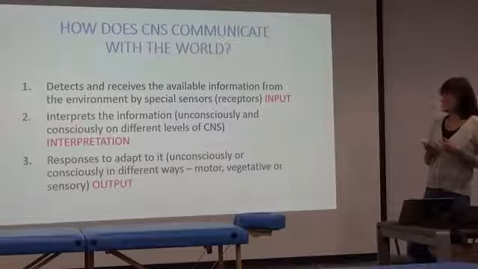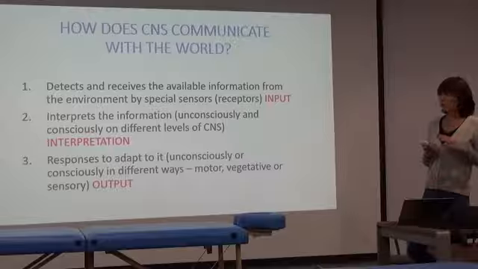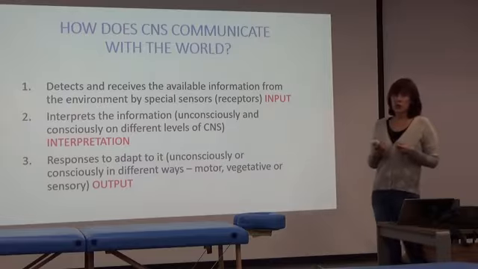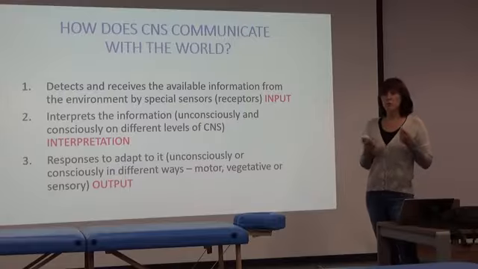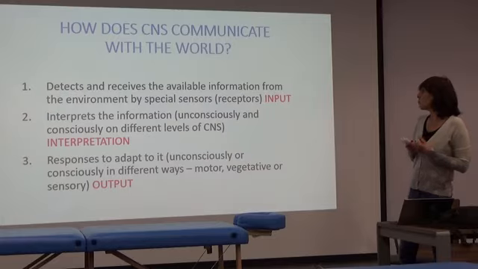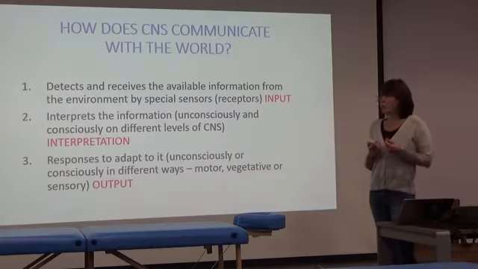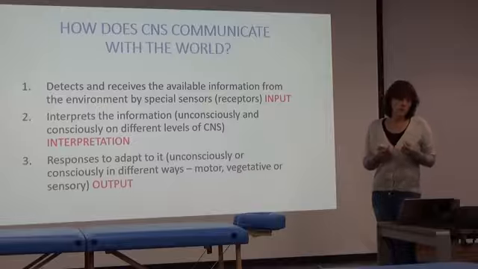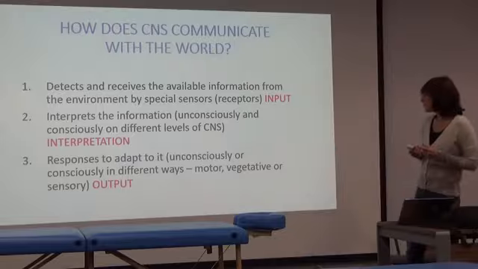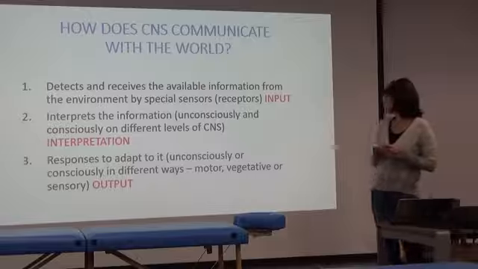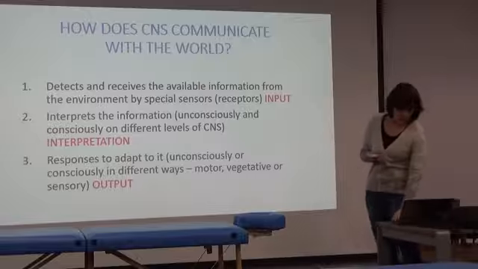Then the interpretation happens on different levels of the central nervous system, where the brain makes a decision and produces the planning for the response. And the response is mostly to adapt, consciously or unconsciously, to the changing environment. And we can have motor, vegetative or sensory output.